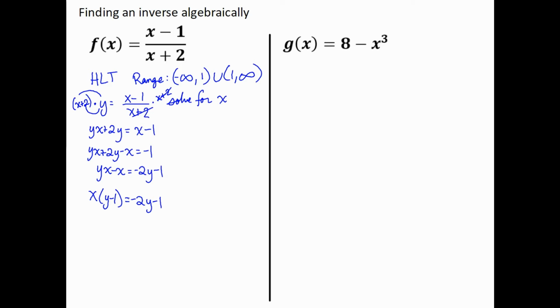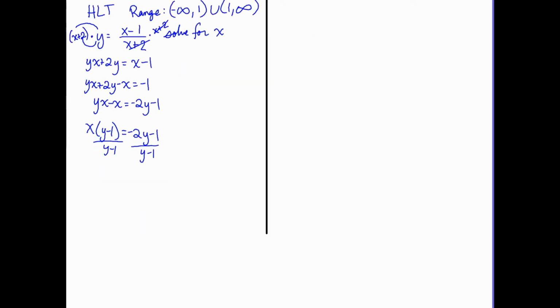Now, if you notice across the entire problem, I have only one x, and that's right there. That's perfect. We still need to solve for it, so we need to divide both sides by y minus 1, and we'll be good to go because those will divide out. We're going to get x equal to negative 2y minus 1 over y minus 1.